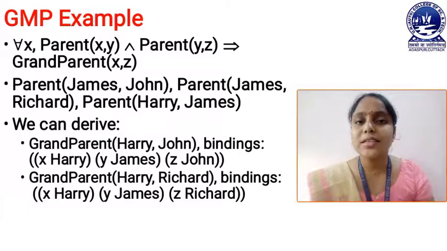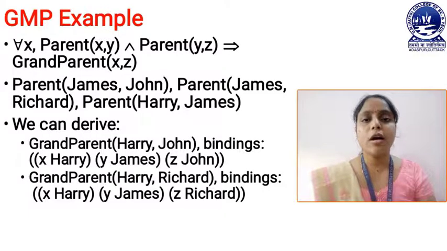The next one is Grandparent(Harry, Richard). Here this binds X to Harry, Y to James and Z to Richard. This is all about modus ponens, and this modus ponens is used in first order logic. This is all about inference in first order logic.